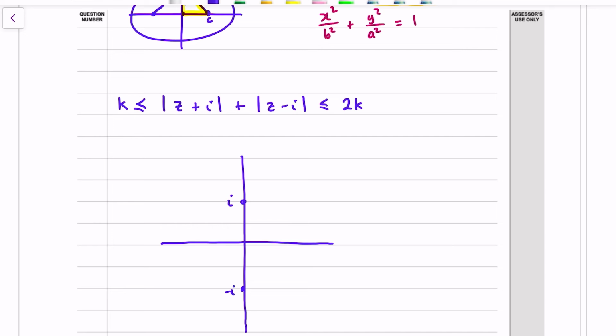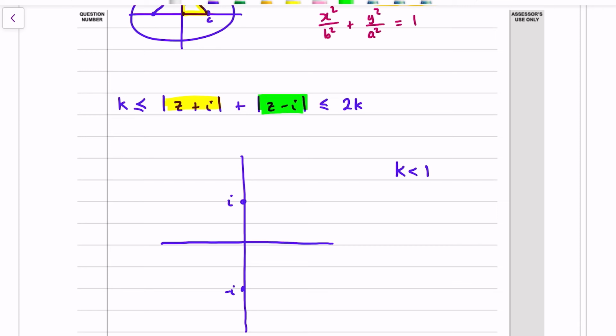If k is less than 1, there are no answers that solve this problem. Remember that k is positive, but what that would say for this inequality is that the sum of the two distances, the distance between z and minus i, and the distance between z and i, has got to be greater than or equal to 1, but less than or equal to 2.